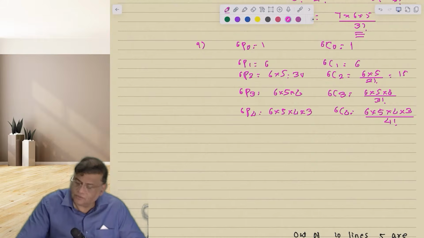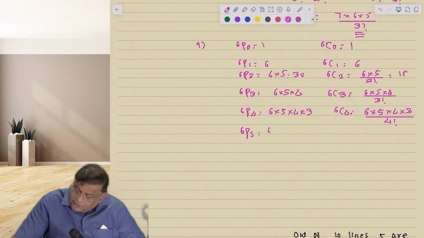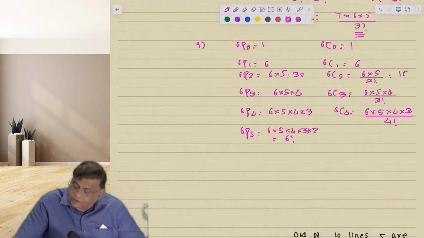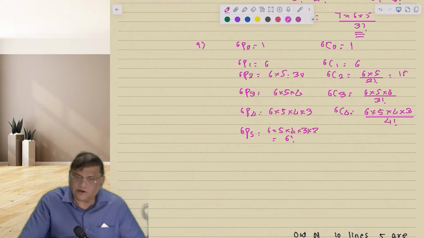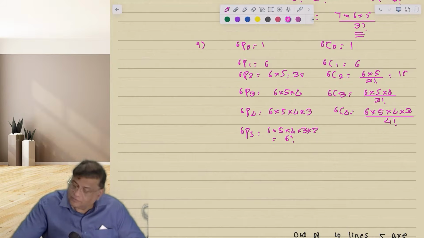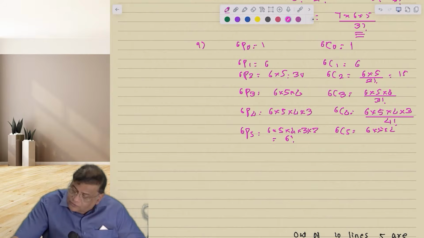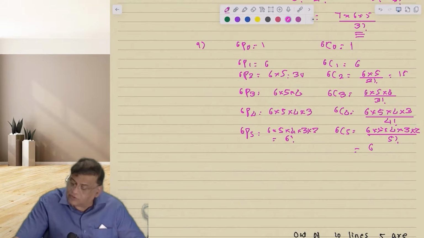If I ask you 6P5, then it is 6 into 5 into 4 into 3 into 2, which actually is 6 factorial, because into 1 you write, you don't write, makes no difference. But if I ask you 6C5, then that is 6 into 5 into 4 into 3 into 2 over 5 factorial, so it is equal to 6.